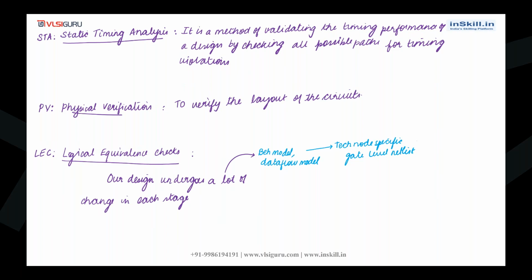And then, if you are going for low power design, certain special cells for low power design, like isolation cells and clock gators, all those things have to be added.